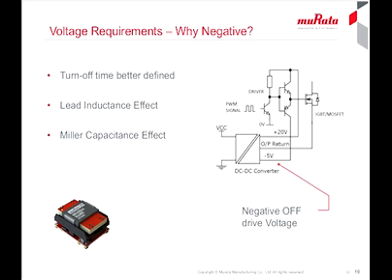This means you will see DC-DC converters for gate drive applications with, for example, output voltages of plus 20 and minus 5 volts at the same current rating. The current required to drive the gate capacitance is taken as a spike at the edge of the switching waveform. The amplitude of this current spike is only limited by the internal and external gate resistance and can be quite high, typically several amps.